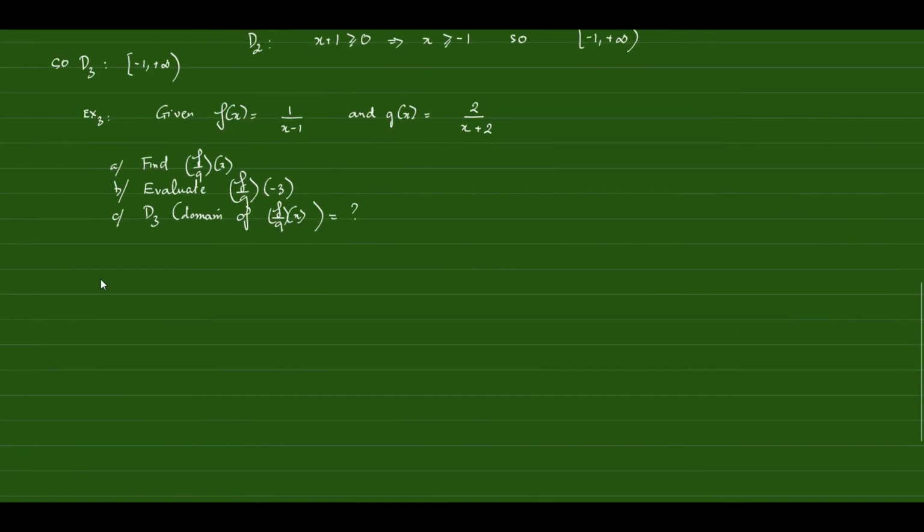So what about the first part? Should be simple. So this is the quotient between two functions, so it's this over this, and you do keep, change, flip.